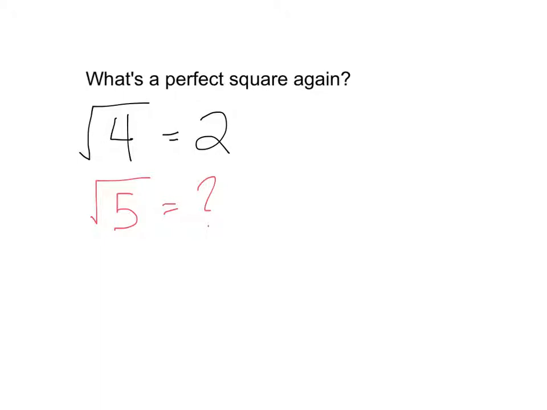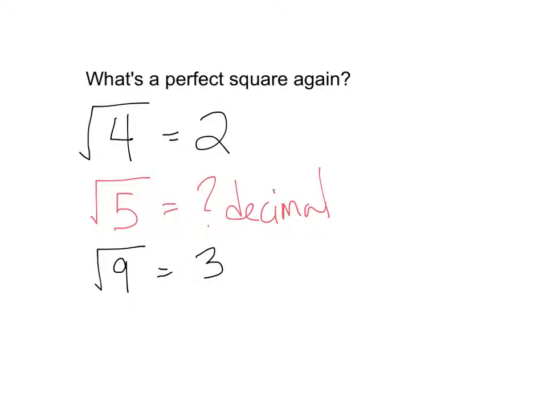For example, the number 4 is a perfect square, because the square root of 4 is 2, a whole number. 5 is not a perfect square, because the square root of 5 is not a whole number. It's actually a decimal. Other perfect squares might be 9, because the square root of 9 is the whole number 3.